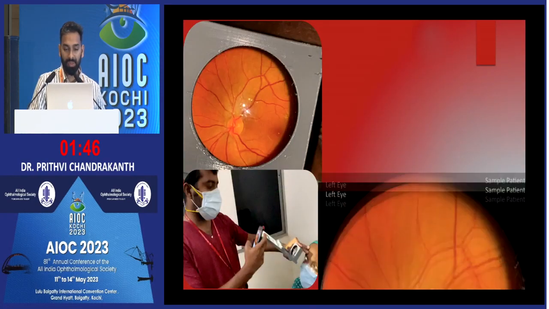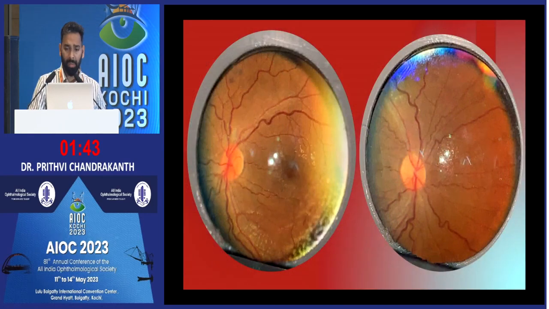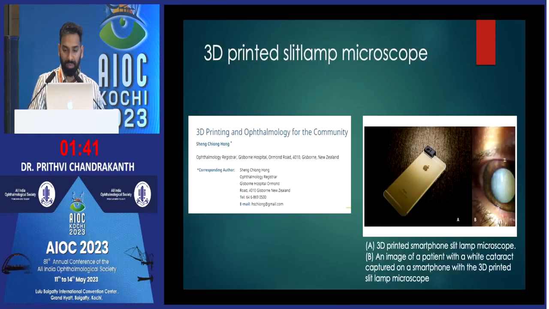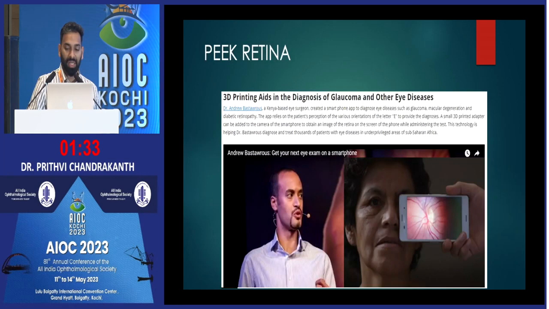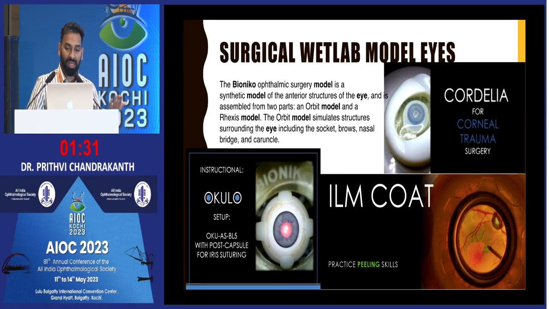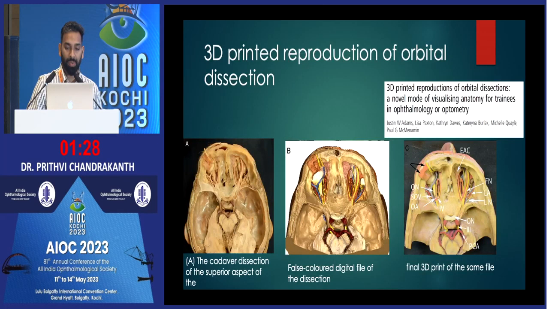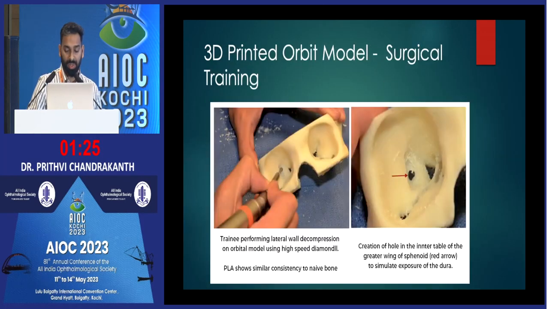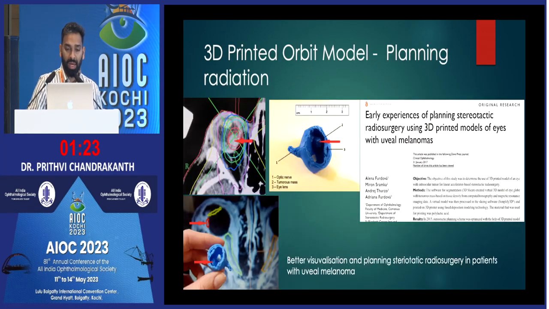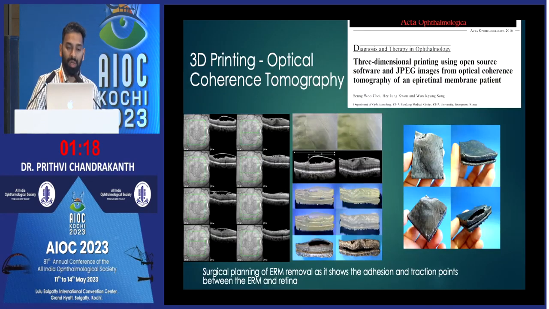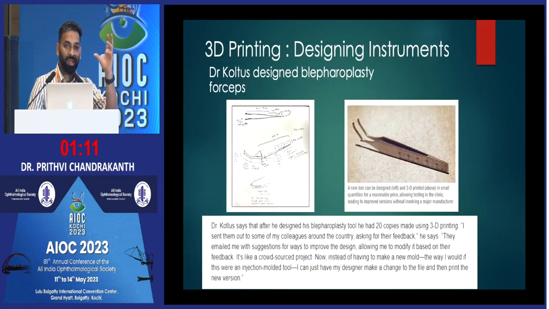So like you can see, these are the images taken by that. These are the images taken from the jaundice fundoscope, and we have a 3D printed slit lamp microscope, which actually increases the zoom. Also, we have wet lab surgical models which are being used for training, and there are 3D printed models for planning radiations, even a 3D printed model of OCT, which has been 3D printed to make the patient understand what he is going through in real time.